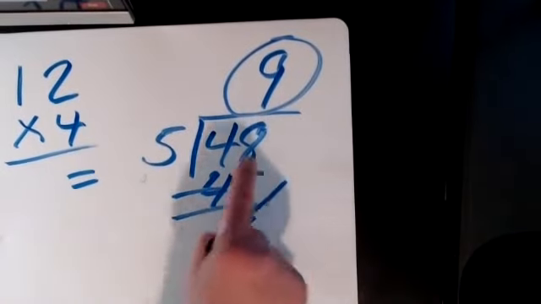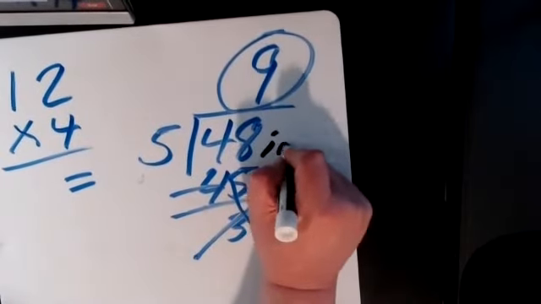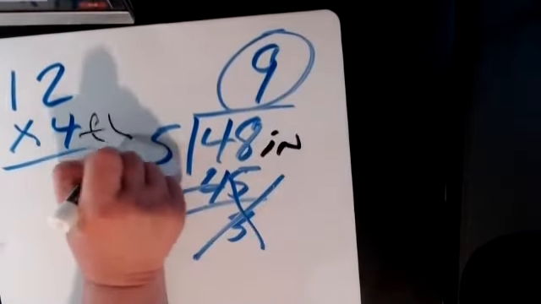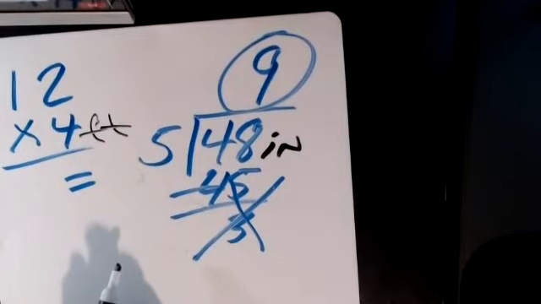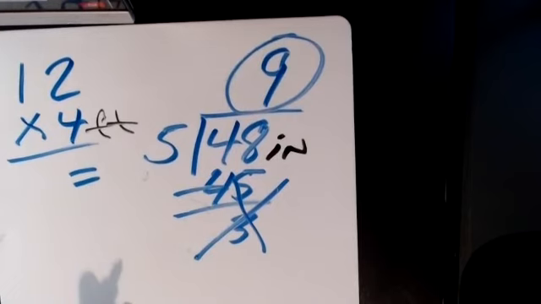You need to understand that the 48-inch board is the same size as the 4-foot board. They're both the same exact size. They're just described differently, like a man is the same as a guy or a boy or a dude. Lots of things describe things.